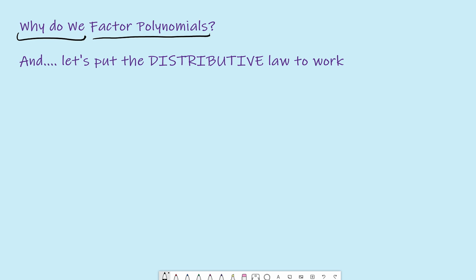In order to do that, we're going to look initially at a very simple equation. Let's look at the equation 3 times x equals 0. When we look at this equation, we have a product of two numbers that equals 0. Now, the only way to get a product to equal 0 is if one of the terms in the product is equal to 0, one or more.